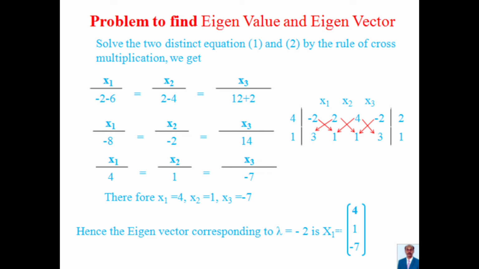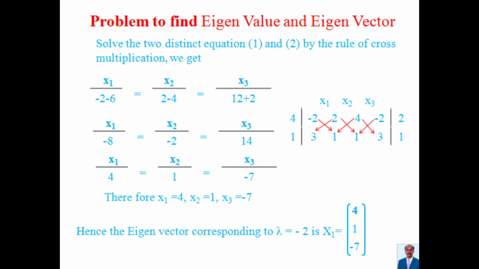We apply the method we discussed previously and write in that format: x1 divided by minus 2 into 1 minus 2 into 3, that is minus 2 minus 6.